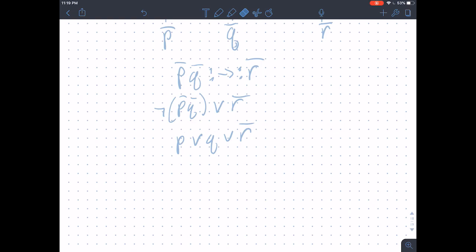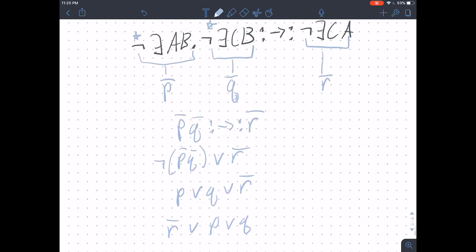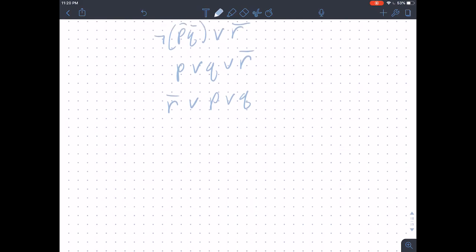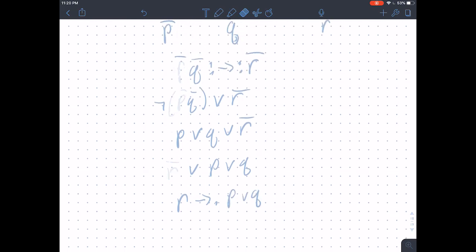And then we rearrange this using commutativity to get the negations on the left side. So that gives us not R or P or Q, right? And again, we can do some of the steps in this shorthand notation where we substitute in the letters. So I'm just going to turn that into R, therefore P or Q. Okay, so that's the conversion to CNF.